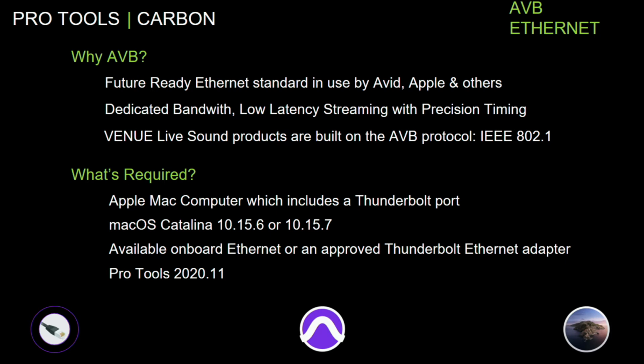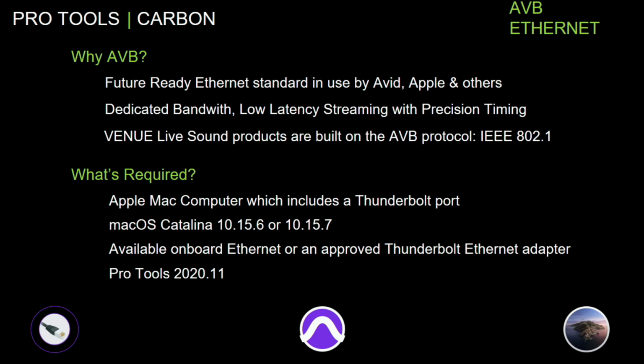So AVB is technology which has been used by Avid for many years. We've been using it in our live sound products for a long time. So the thing about AVB is that it gives you guaranteed quality of service.